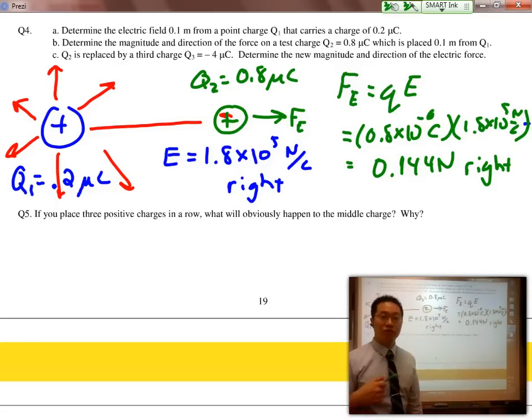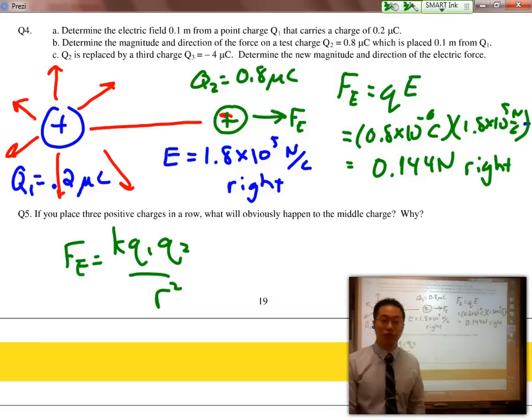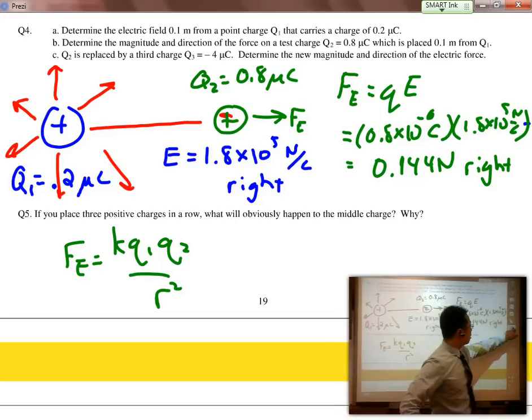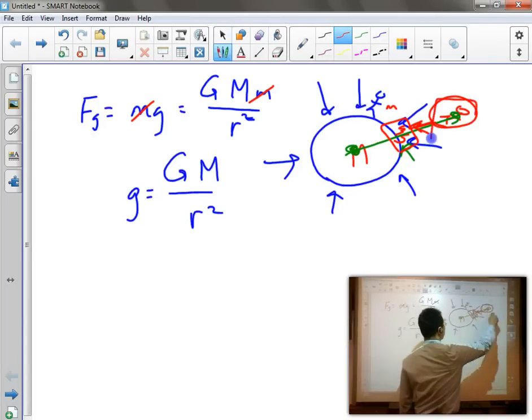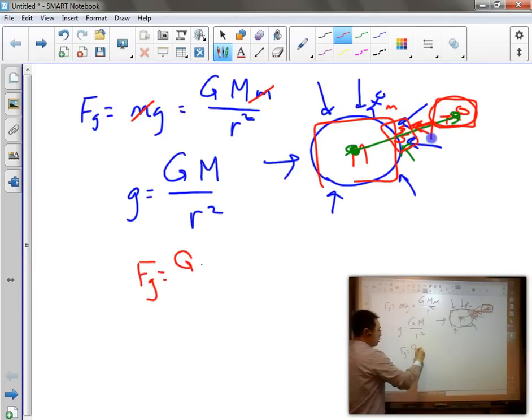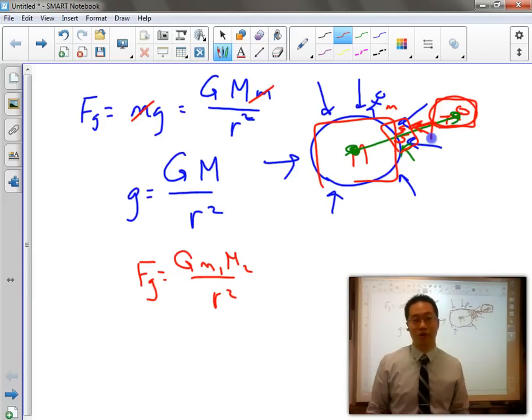Now, notice if we had wanted to, we could have used the formula Fe equals K Q1 Q2 over R squared. That will solve for the total electric force as well. Just like when you go to this example over here, if I really want to solve for the force between the person and the Earth, I could have used Fg equals G M1 M2 over R squared. I'll use the mass of the person times the mass of the Earth divided by the radius of the Earth squared.